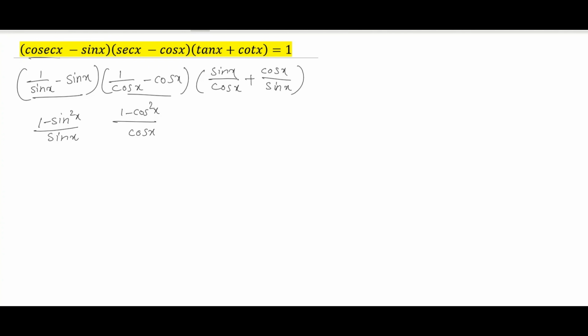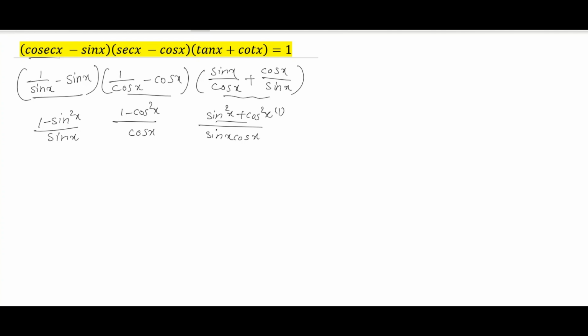And in this the LCM is cos x sine x. So we'll write that sine x. So it will become sine square x plus cos square x. Now from the identity sine square x plus cos square x is equal to 1, this can be written as 1.